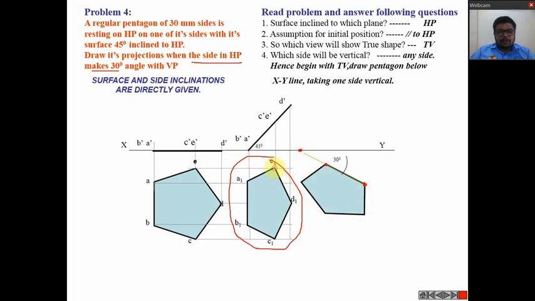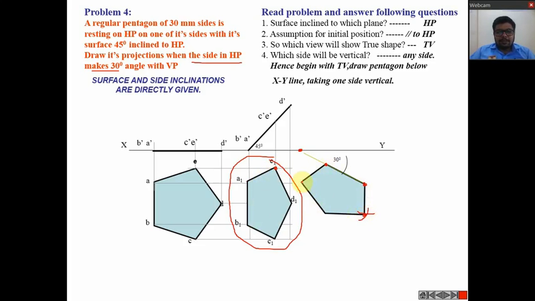Suppose we want to mark point C1. We will make an arc with the distance from A1 to C1, and then an arc from B1 to C1. So this will be your point C1.